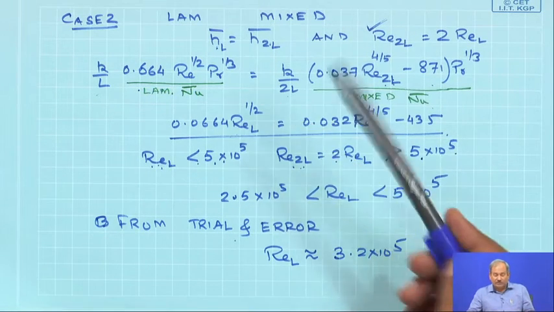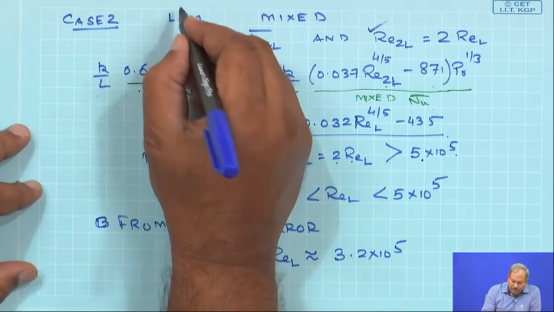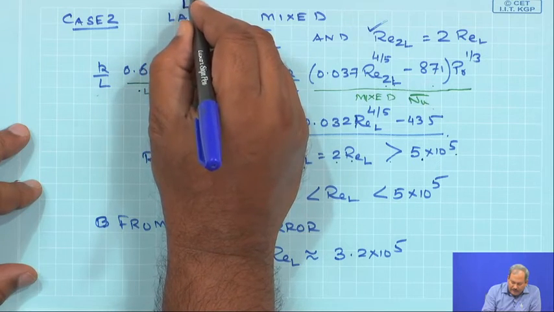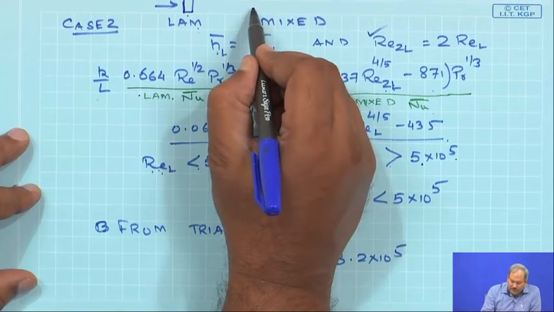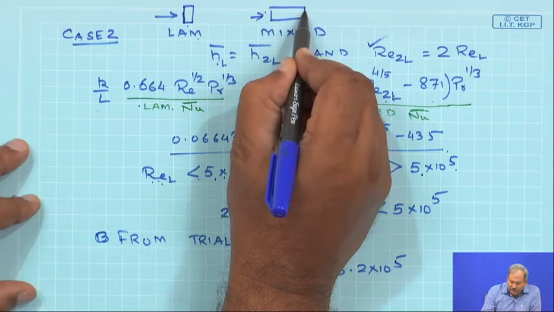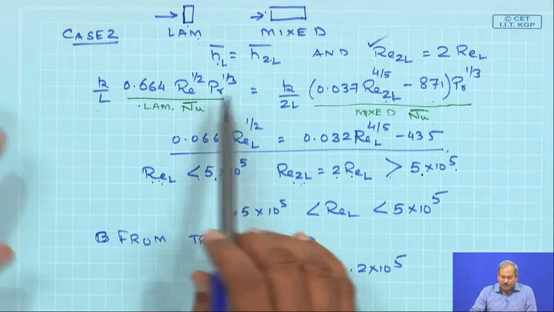So, the steps are simple. Laminar, when you have this case, L is facing the flow. So, this is L, this is 2L, and mixed when you have this facing the flow. So, that we have identified previously.